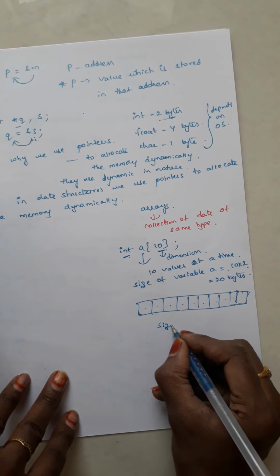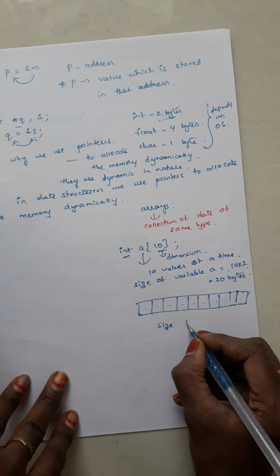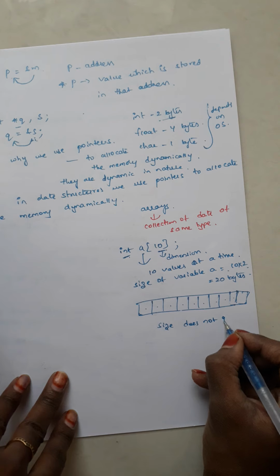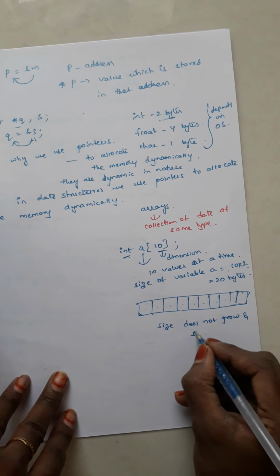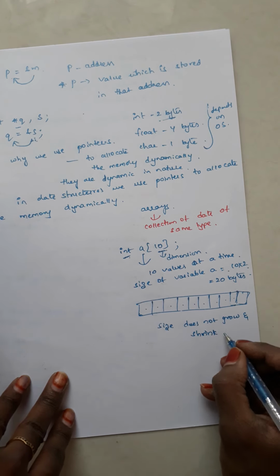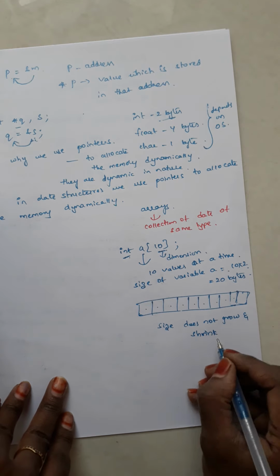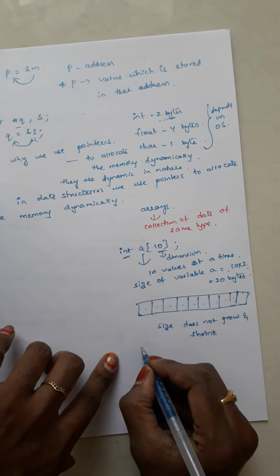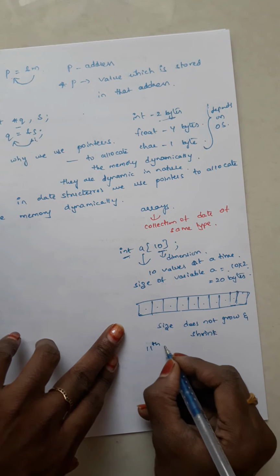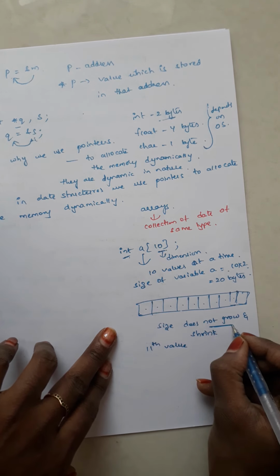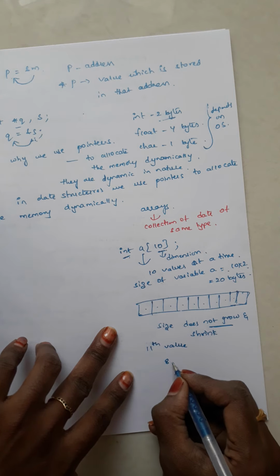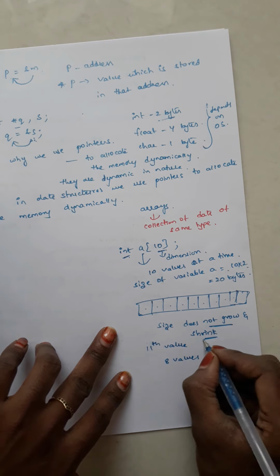The size does not grow and does not shrink. Suppose we want to assign an 11th value: the size does not grow. Suppose we assign only 8 values: the size does not shrink.